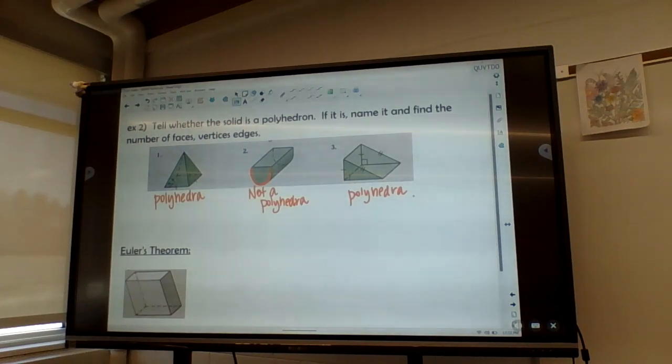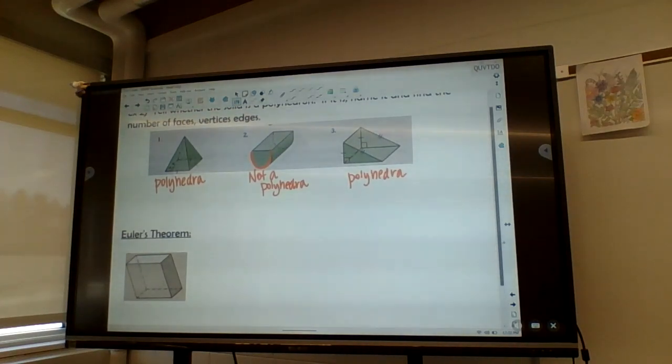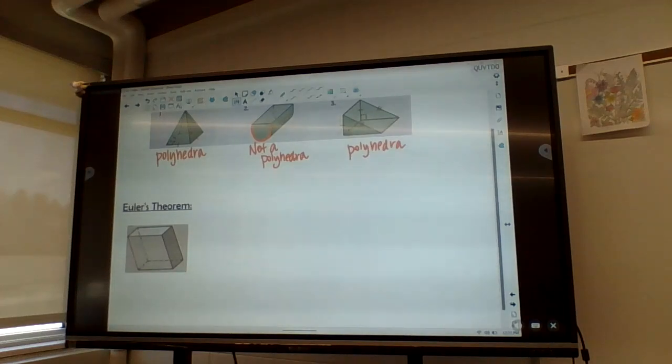Now, as we talk about these faces, vertices, and edges, I'm going to show you guys what they call Euler's theorem. Euler's a guy who's super, super old, so anytime you get mad about math, it's probably one of his rules that we're coming up with. This one they actually named after him. There's a formula that works for all polyhedra.